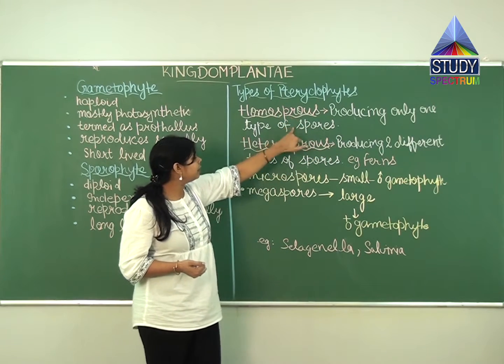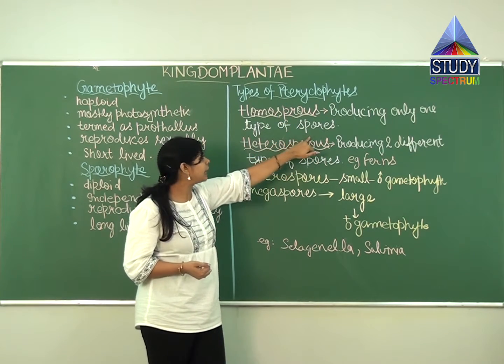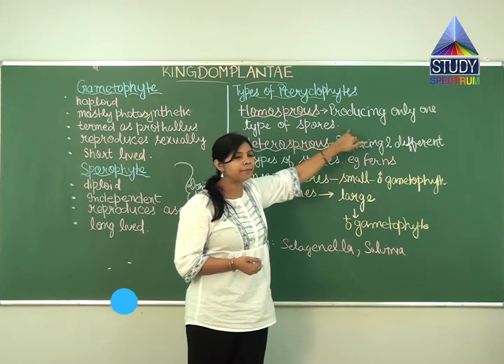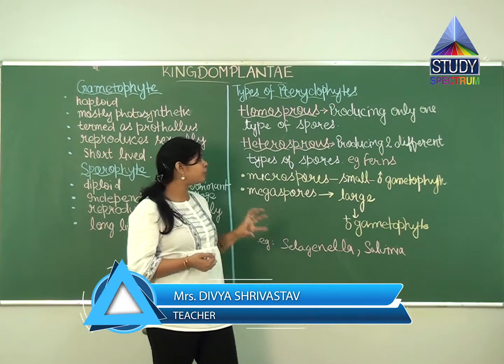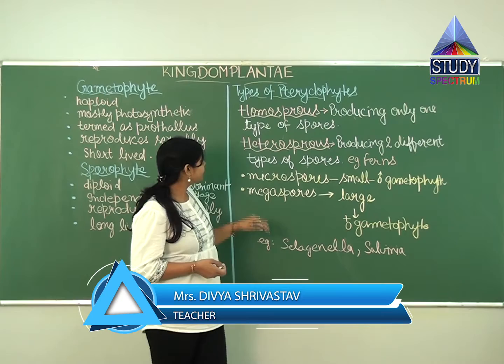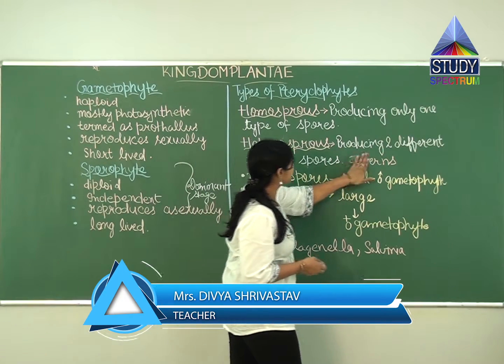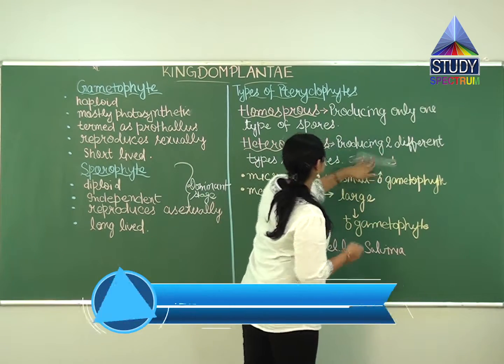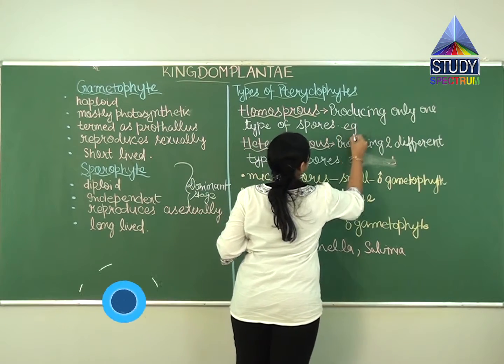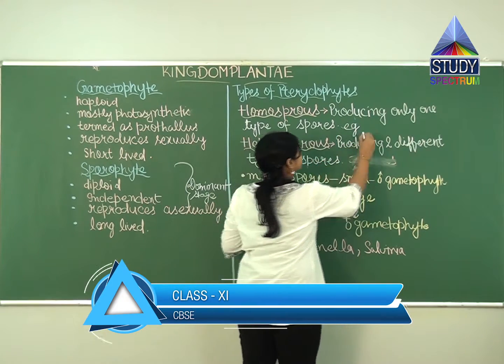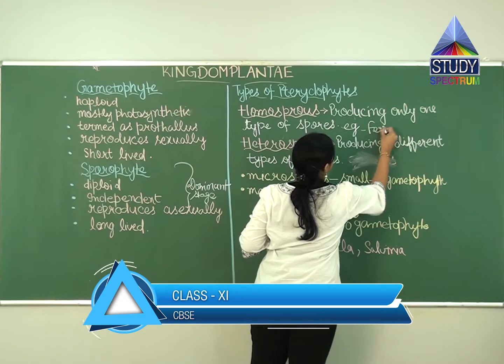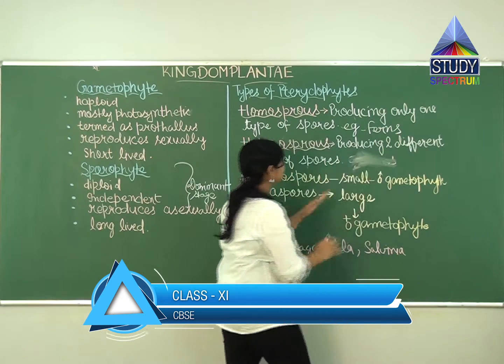So here the spores that will be released will be of a single type, means only one type of spore will be released. Homosporous spores will be present in the ferns, not in heterosporous.